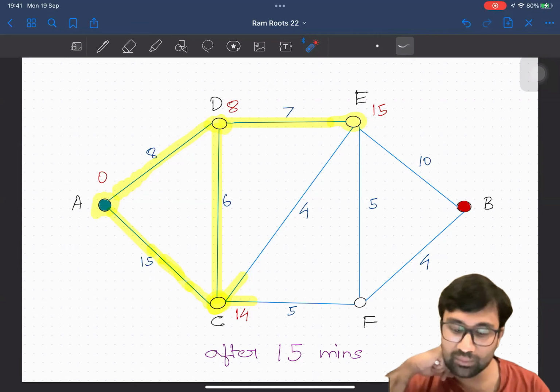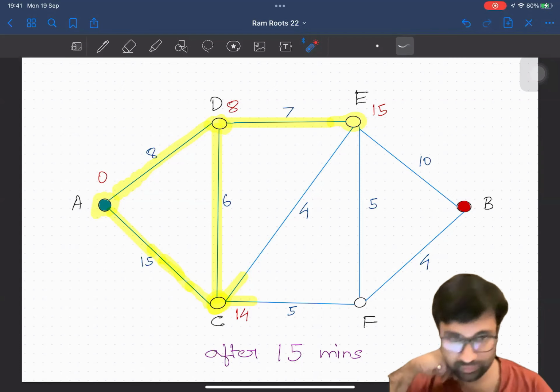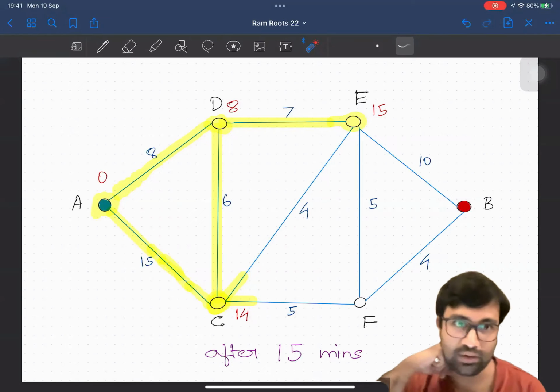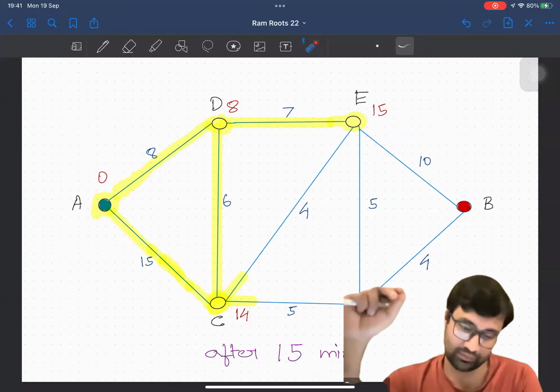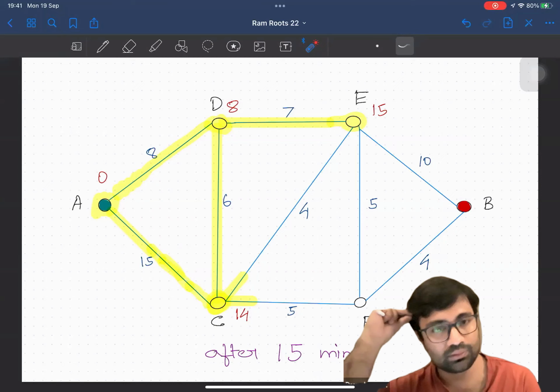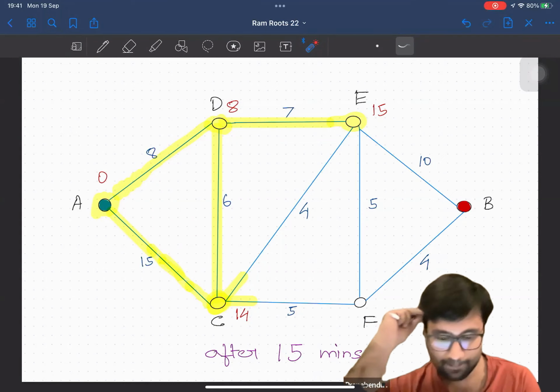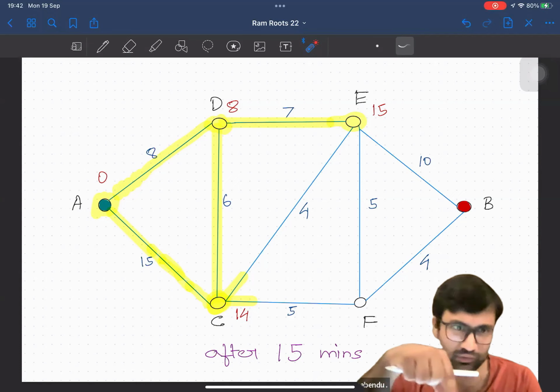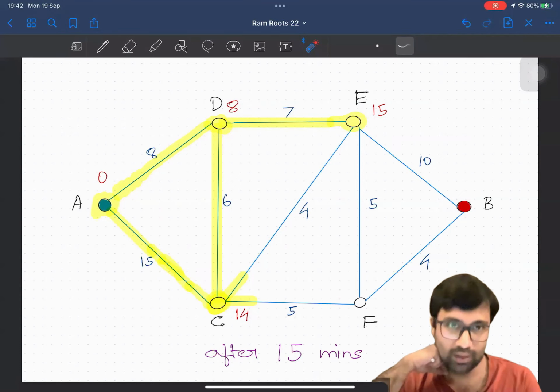It is taking 7 minutes because the distance between D and E takes 7 minutes. The fire is not going faster. It is traveling at the same speed, but the distance is shorter. Correct.